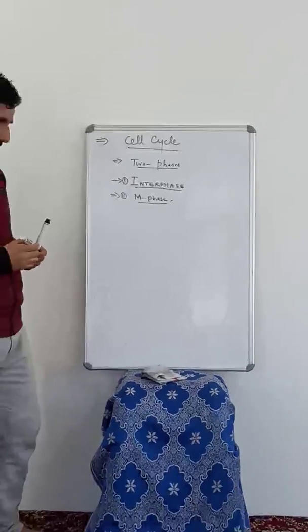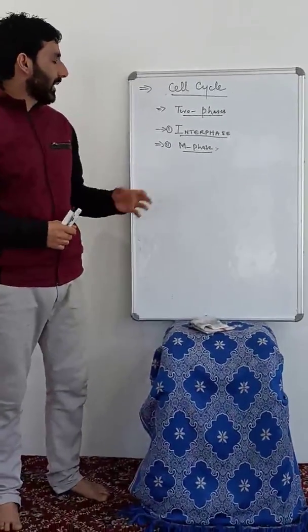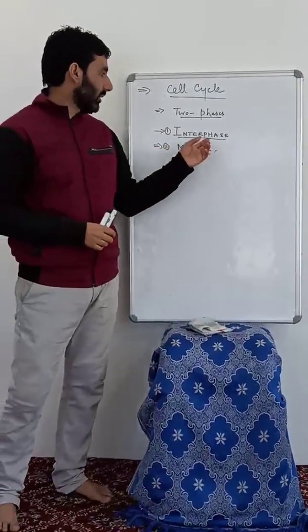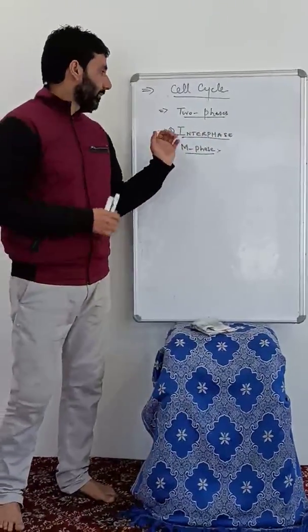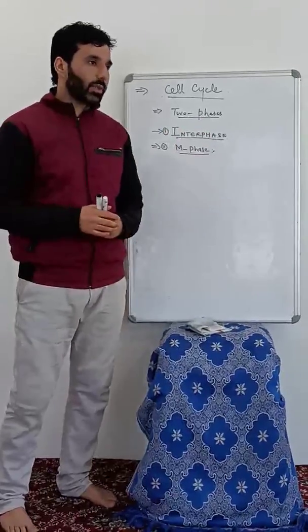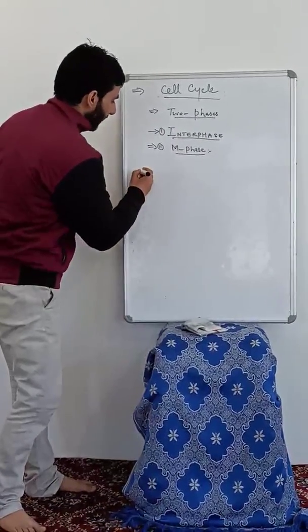So these are the two important major phases of the cell cycle. We're going to discuss them one by one. So what is interphase and what is M phase? Let's start with the interphase.